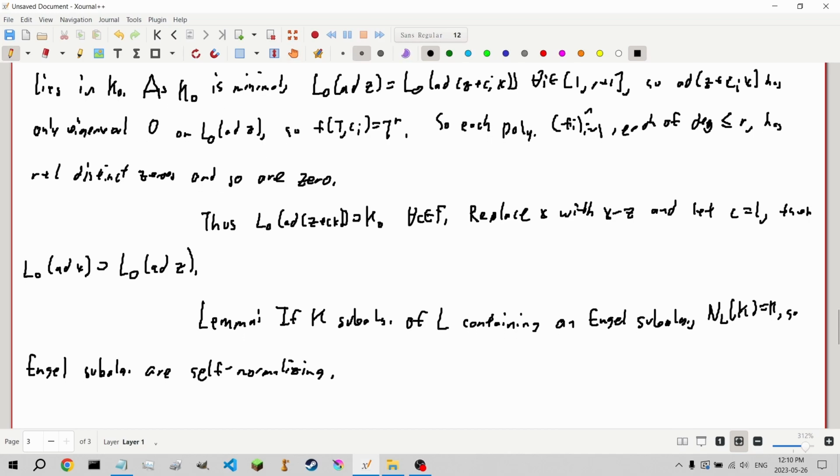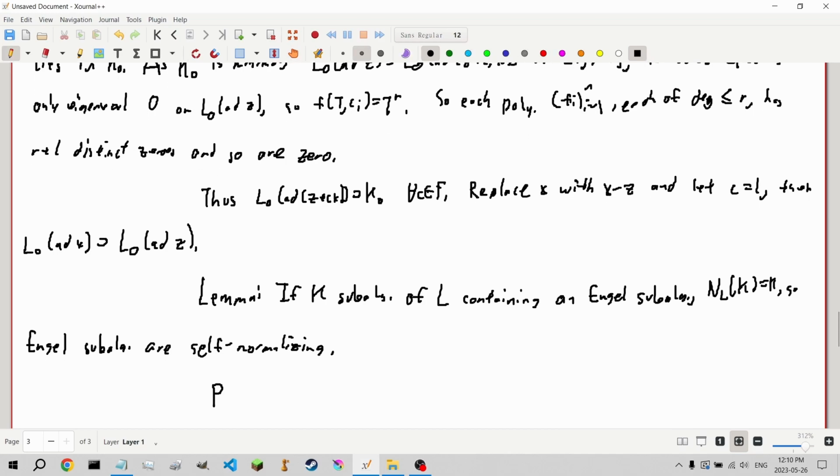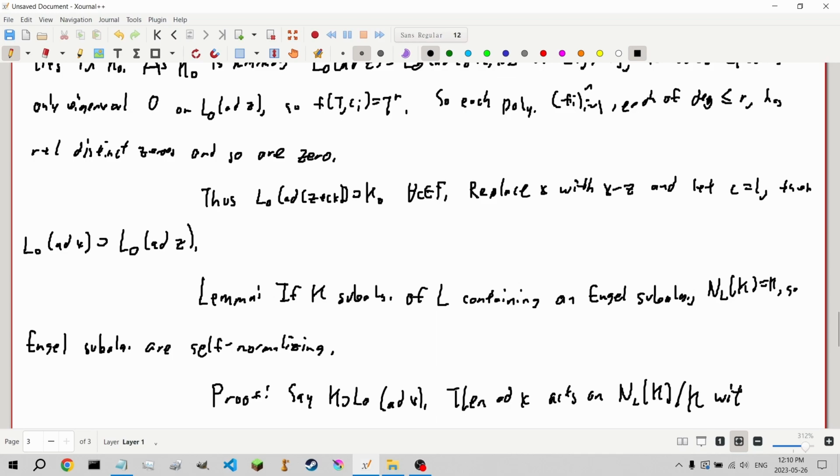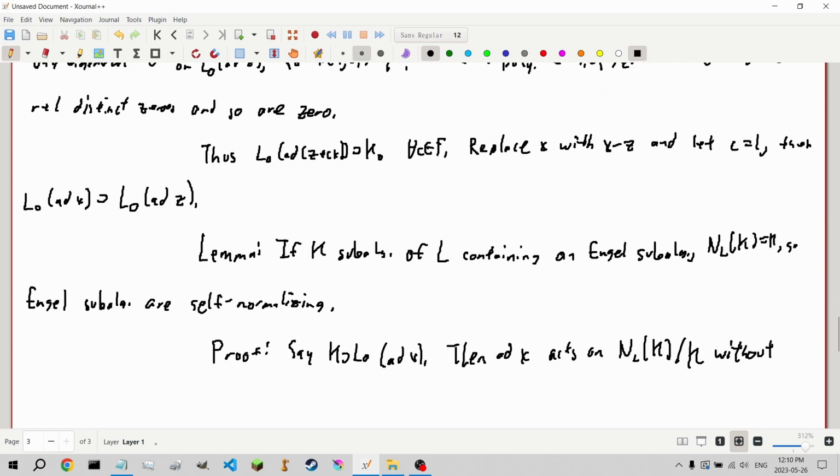And the proof. Say K contains L0 of the adjoint of X. Then adjoint of X acts on the normalizer in L of K over K without eigenvalue 0.